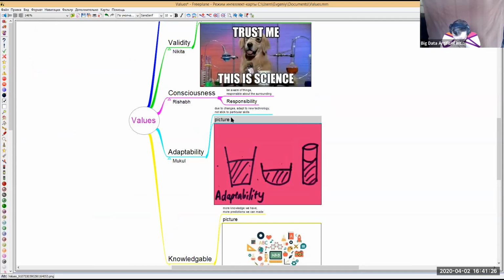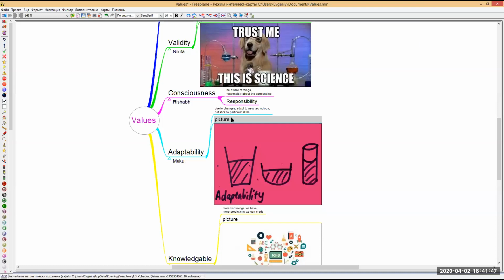Nikita? I think these definitions are so general, and it's hard to compare them. Could you explain one more time?